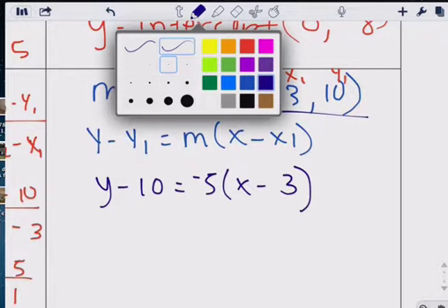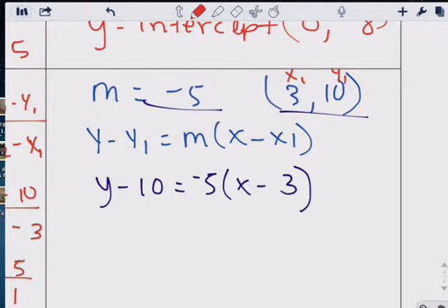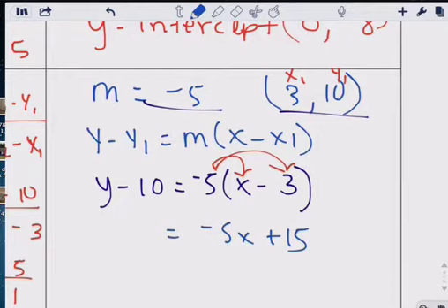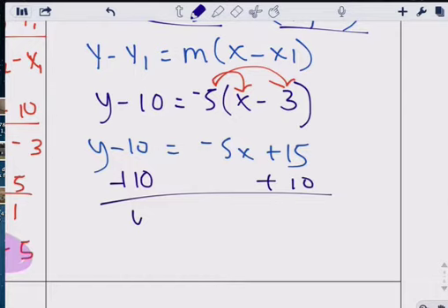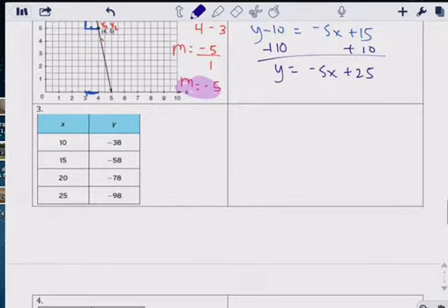Okay, so distribute, and that should get you negative 5x plus 15 equals y minus 10. Add 10, add 10. We get y equals negative 5x plus 25. Right there.